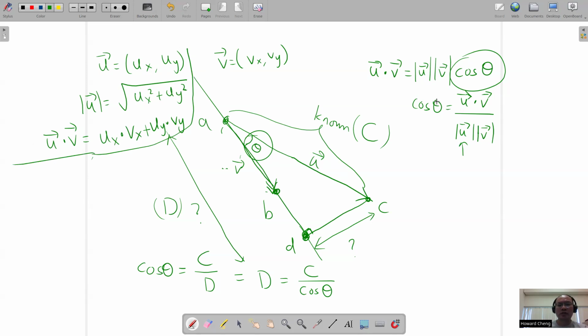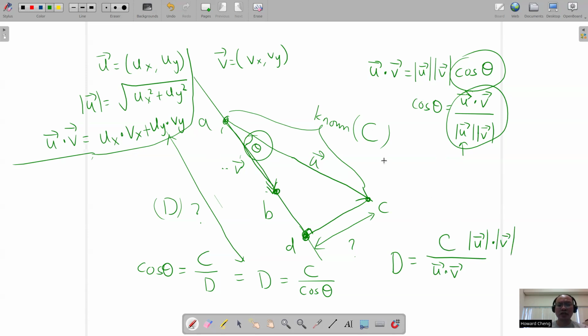So we can figure out what this is, and then we know that this distance d is c divided by the cosine of this. So cosine of this was this. Because we're dividing by a fraction, we can put this thing up.